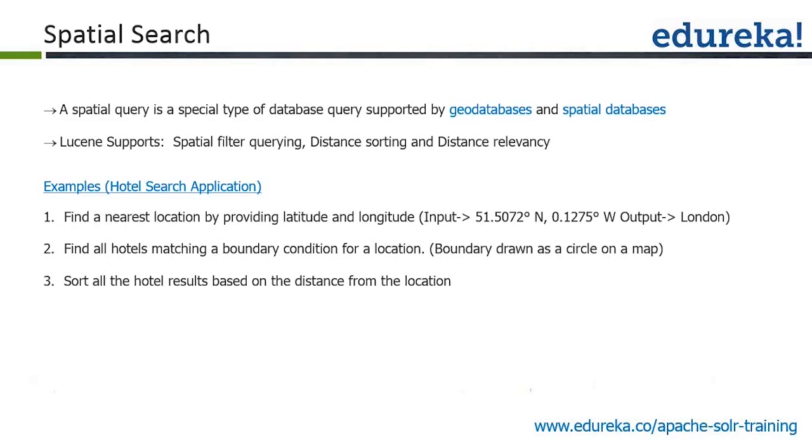Using two different lat longs, you can find the radius or the difference in distance. Then you will be able to sort all the records based on the distance. That is one example of spatial search. Is it clear what spatial search is, right guys?